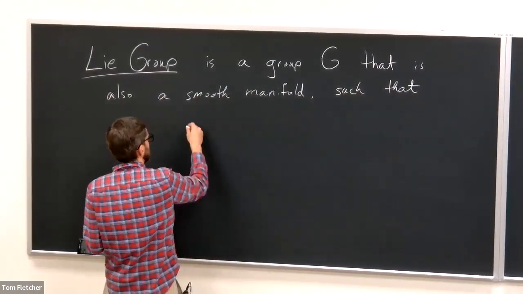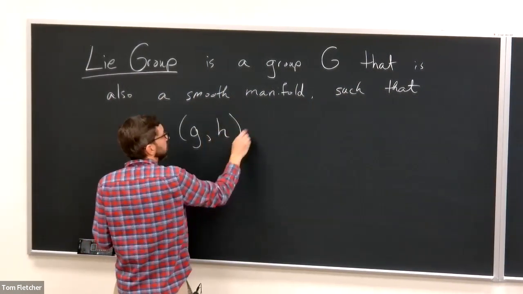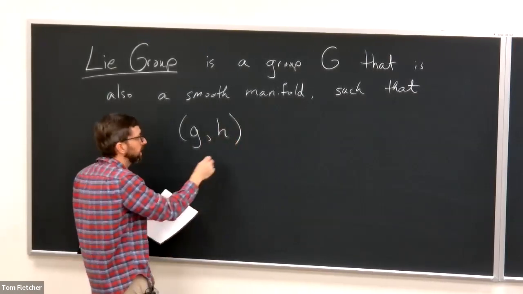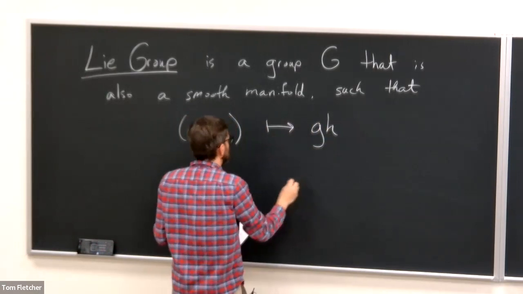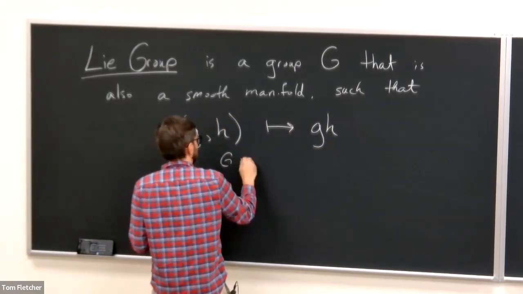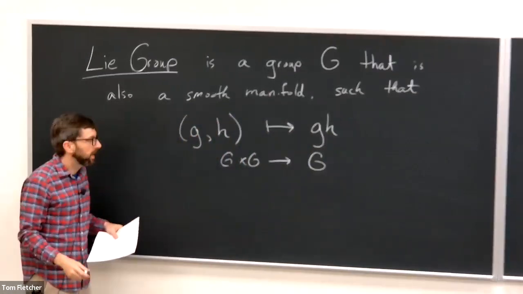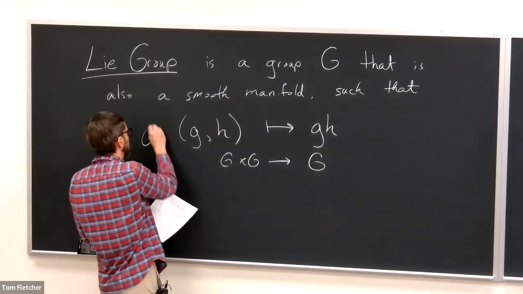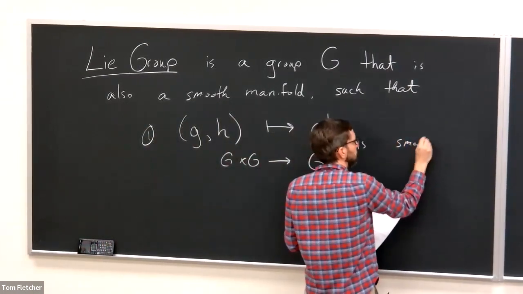So taking two elements g, h from your group as an ordered pair and mapping them to their multiplication of each other. This is a mapping from G cross G to G. That's smooth. Multiplication is a smooth mapping.